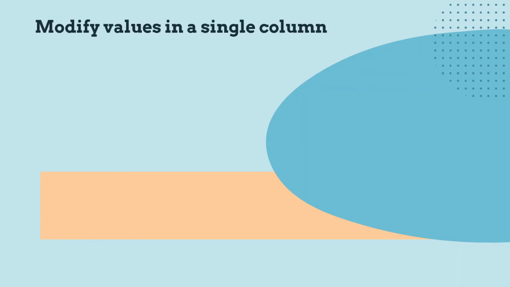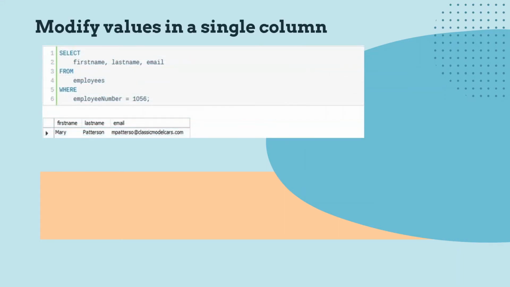For example, if we are going to update the email of Mary Patterson to a new email, first, to ensure the update is successful, we query Mary's email from the employees table using this statement. Select first name, last name, email from employees where employee number is 1056.